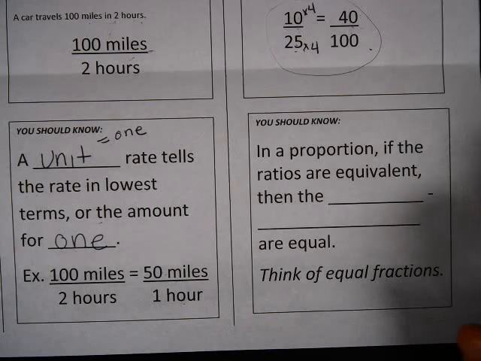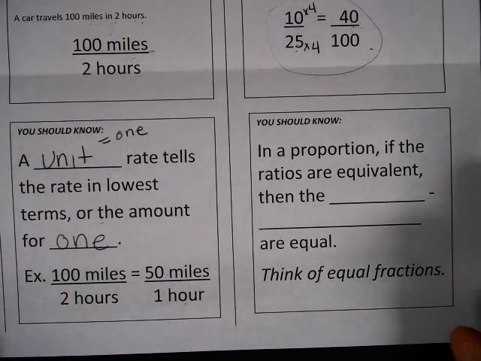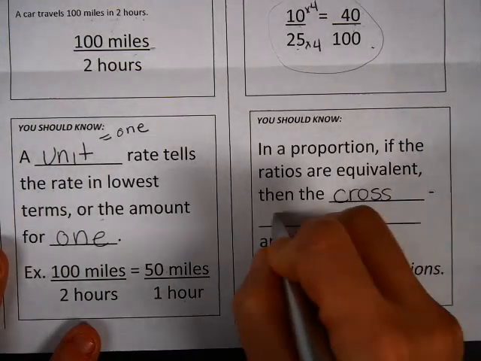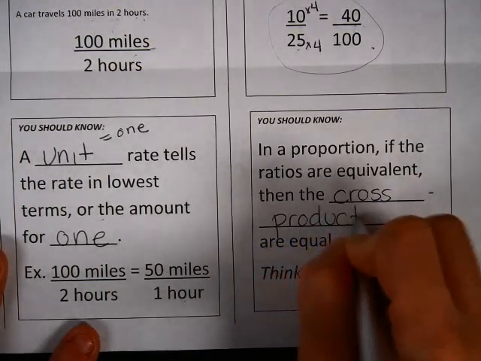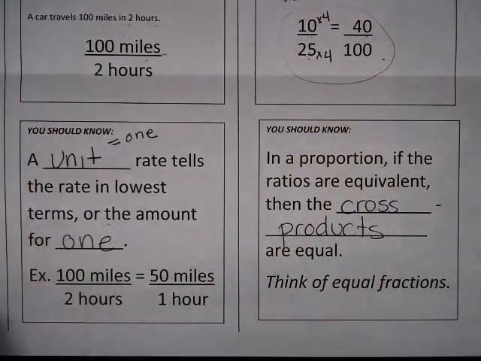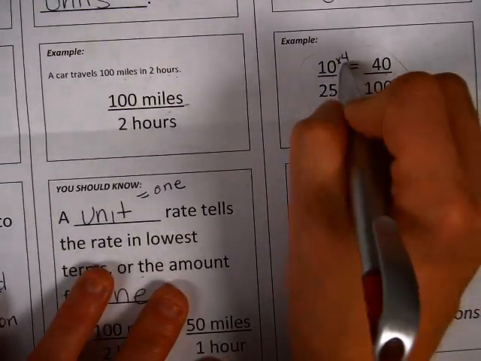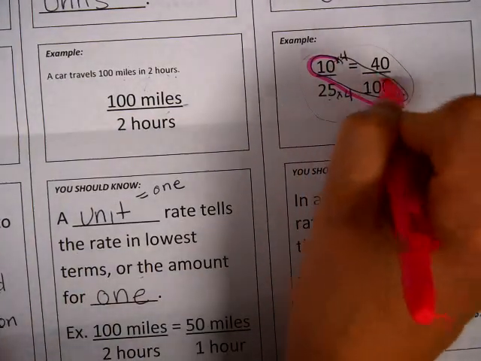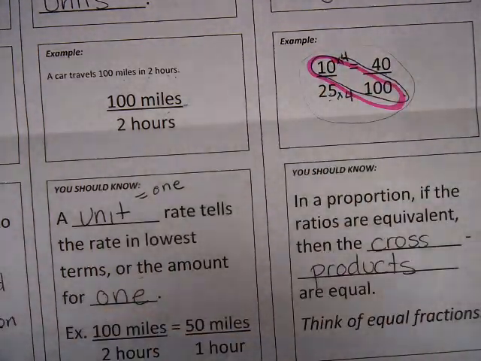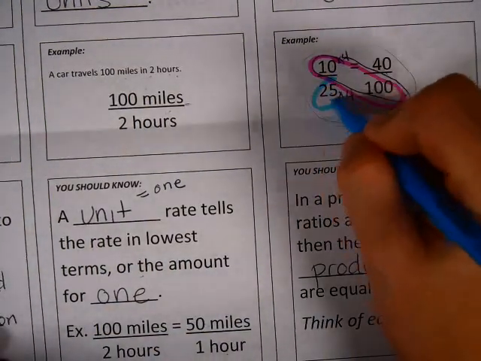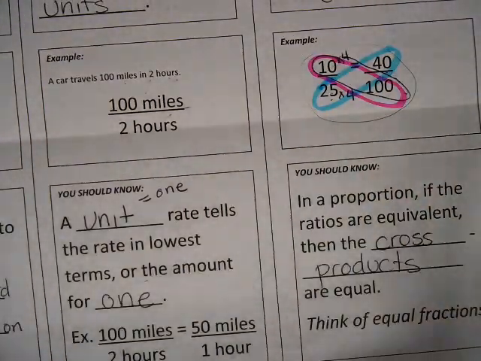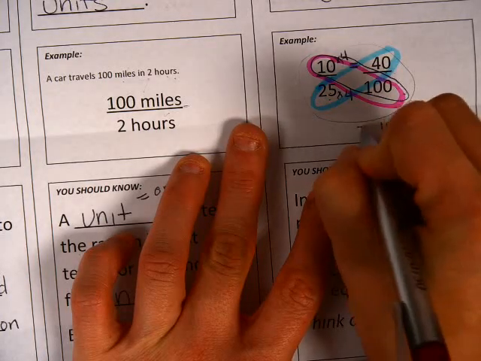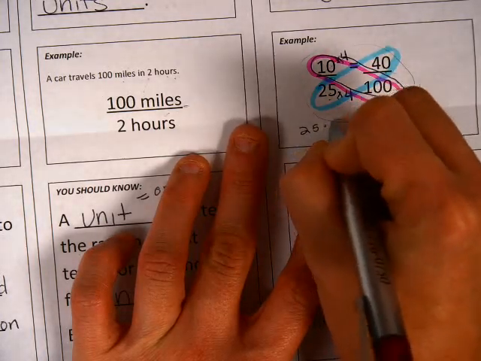All right. In a proportion, if the ratios are equivalent, then the cross products are equal. What that means is, if I multiply across, let me get my highlighters out so you can see a little bit. So if I multiply 10 times 100 and 25 times 40, I'm going to write that right here. 10 times 100 should equal 25 times 40.